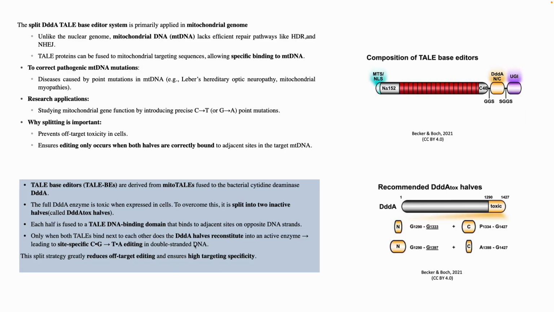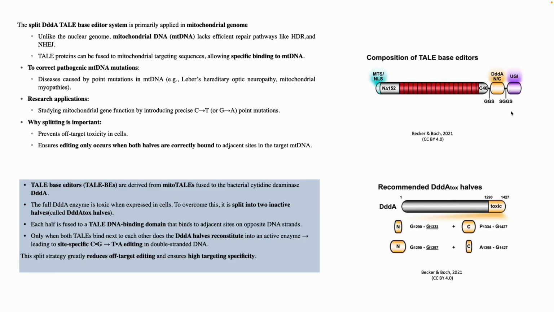So each half is fused to the TAL binding domain that binds to the adjacent site on the opposite DNA strand. And only when both the TALEs bind next to each other do these DddA halves reconstitute into an active enzyme, leading to the site specific CG to TA editing in the double stranded DNA. So this split strategy greatly reduces off target editing and it ensures the high targeting specificity.